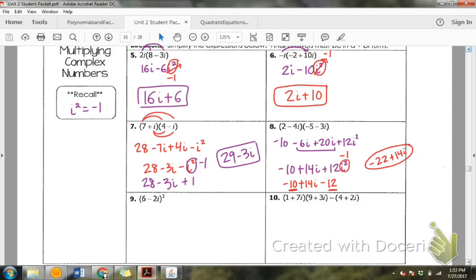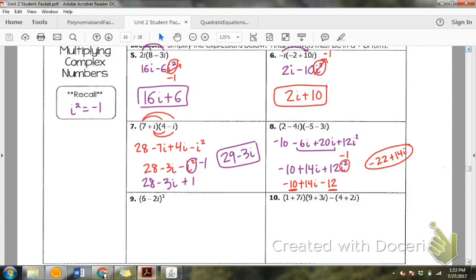Did anyone end up with this answer? Okay. Any questions on number 8? How we got where we did? We're doing another problem. All right, let's look on the next page.